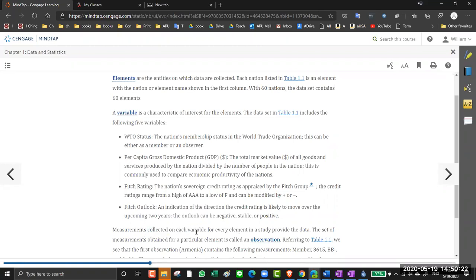Measurements collected for each variable for every element is called the whole data set. If we do it for every element, that's the whole data set. The set of measurements obtained for a particular element is called an observation. Everyone get it? Yes.